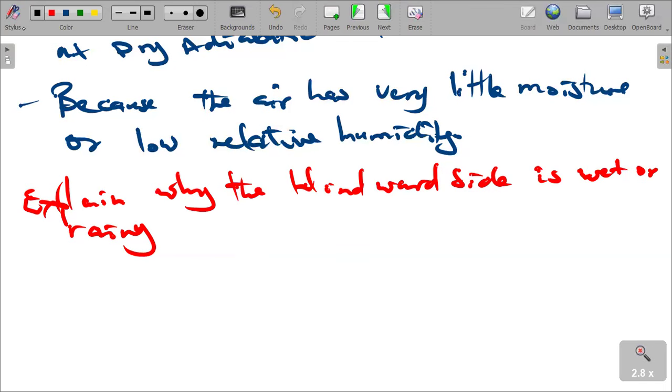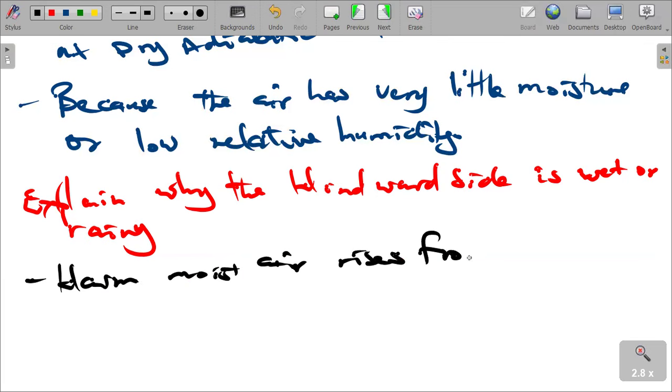We have warm moist air that rises from the windward slope. So now it cools as it rises.